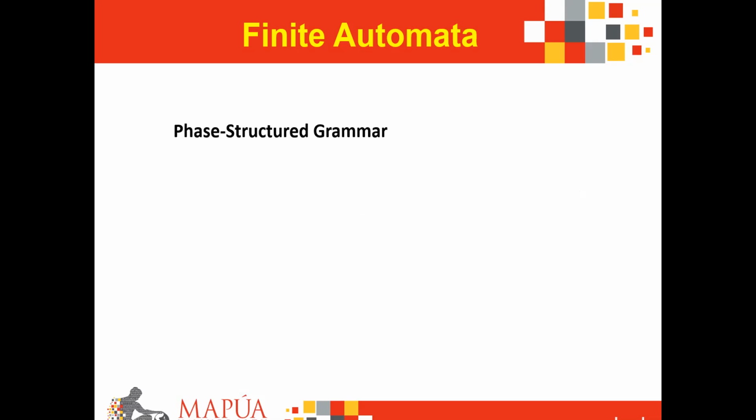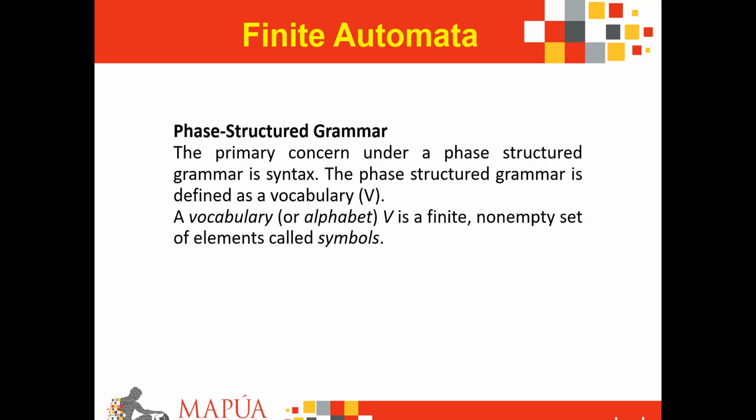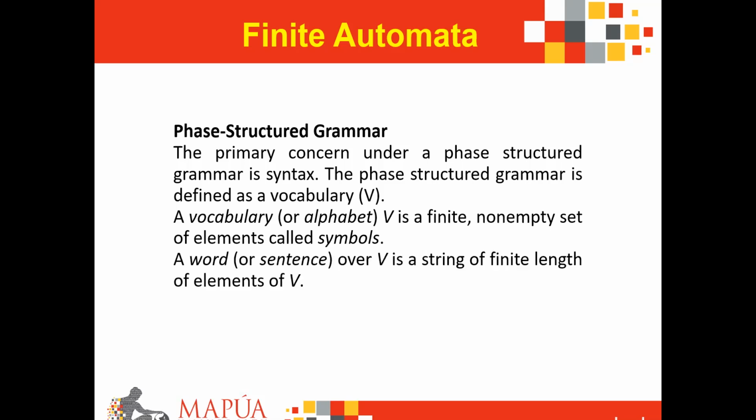In a given phrase-structured grammar applied for modeling computation, the primary concern, as mentioned, is syntax. In a given phrase-structured grammar, you have what you call a vocabulary. A vocabulary basically is a set of alphabet or characters, which is finite and non-empty, which implies that there are always symbols that are often used for your vocabulary when you create a phrase-structured grammar.